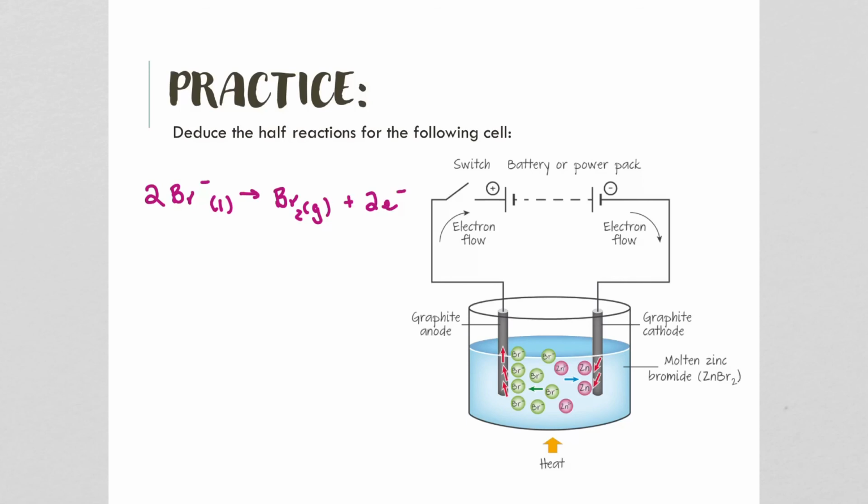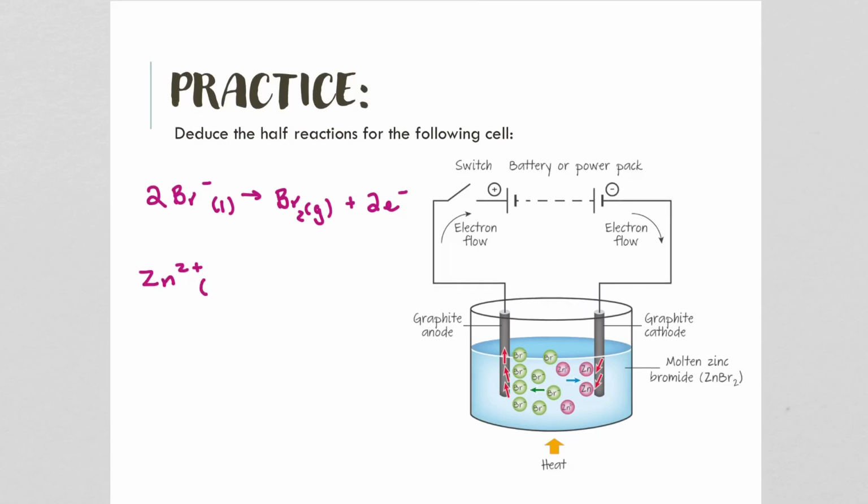Then at the cathode, we're going to have our zinc 2+, which is liquefied, and we have our 2 electrons because it's being reduced to become zinc liquid.